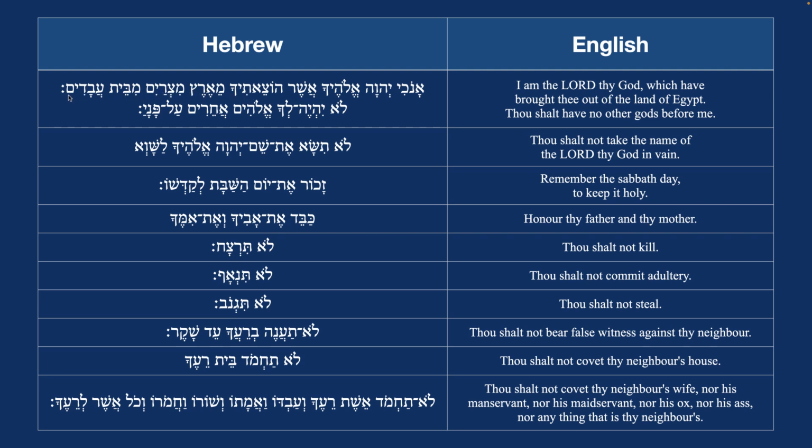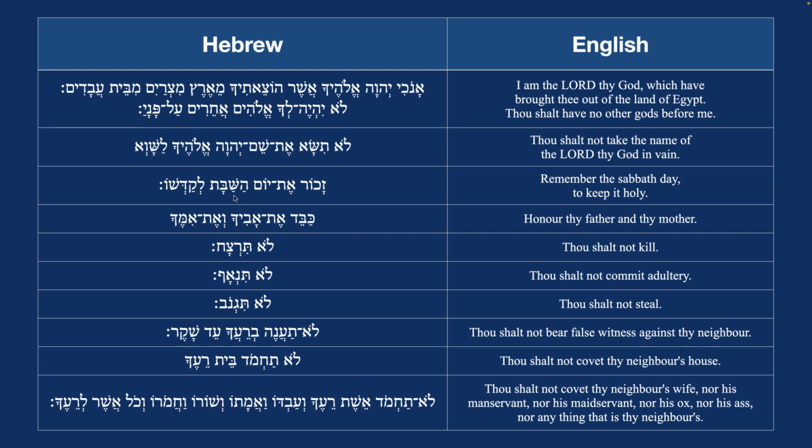Mibeit amadim, out of the house of bondage. Lo yihyelecha, don't keep for yourself, don't have for yourself. Elohim acherim means other gods. Alpanai means in front of me or beside me or before me.